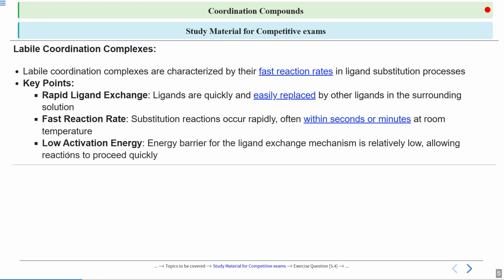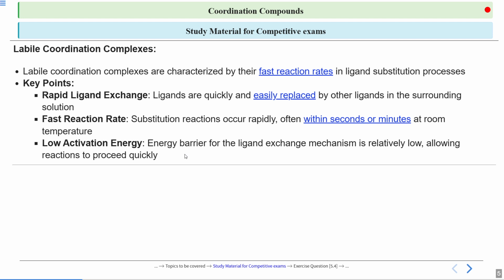Low activation energy. As the reaction rate is faster, the activation energy of these processes will be lower, right? So the energy barrier for the ligand exchange mechanism is relatively low, allowing reactions to proceed quickly. That means faster reaction rates. So they are interrelated: for these ligand substitution processes, the fast rate of reaction is there because the ligands are very quickly replaced by the other ligands present in the surrounding solution.